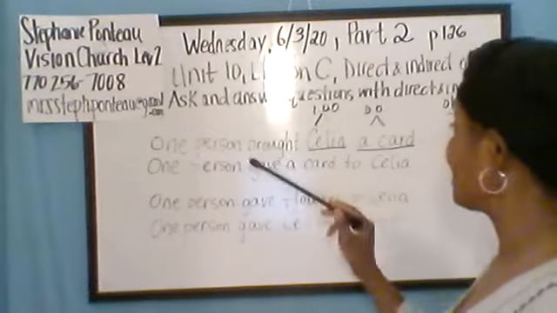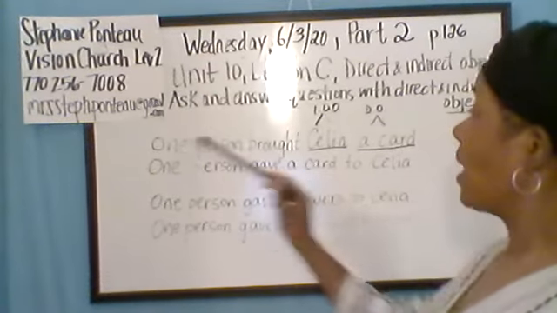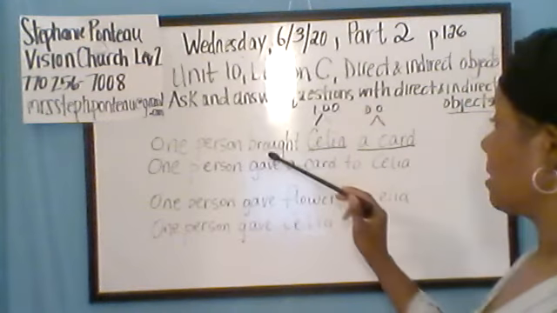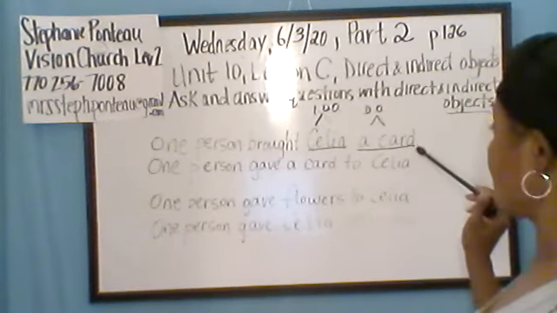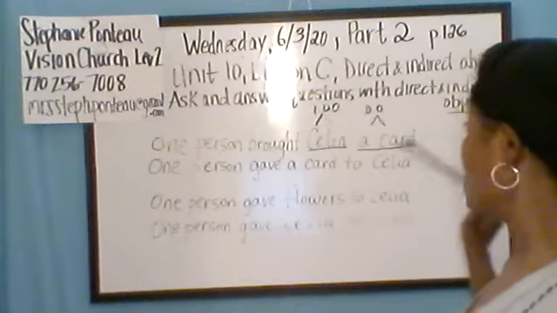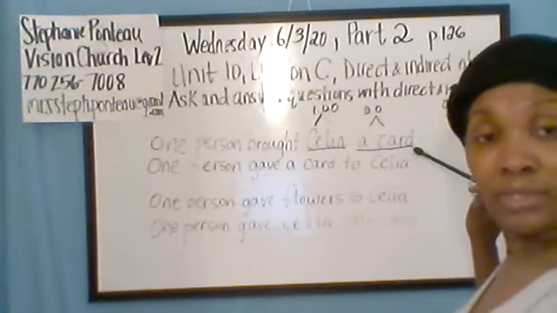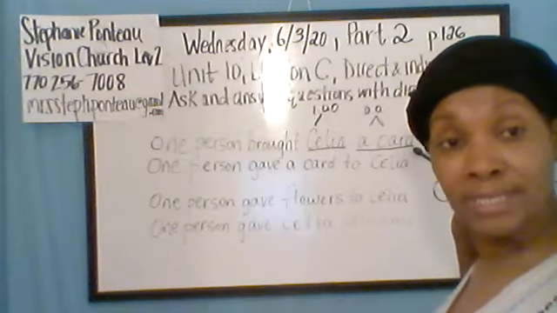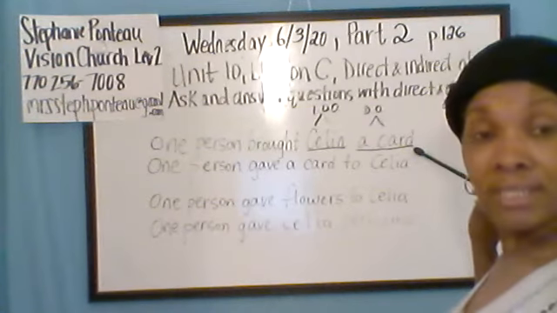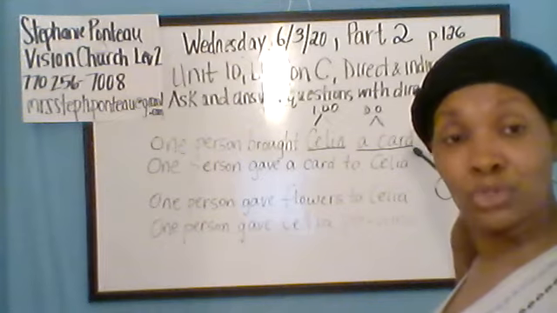So in this sentence, one person brought Celia a card. Brought a card. So the card receives the action of the verb, brought. So that's the direct object. The direct object tells you what. And the indirect object tells you who.